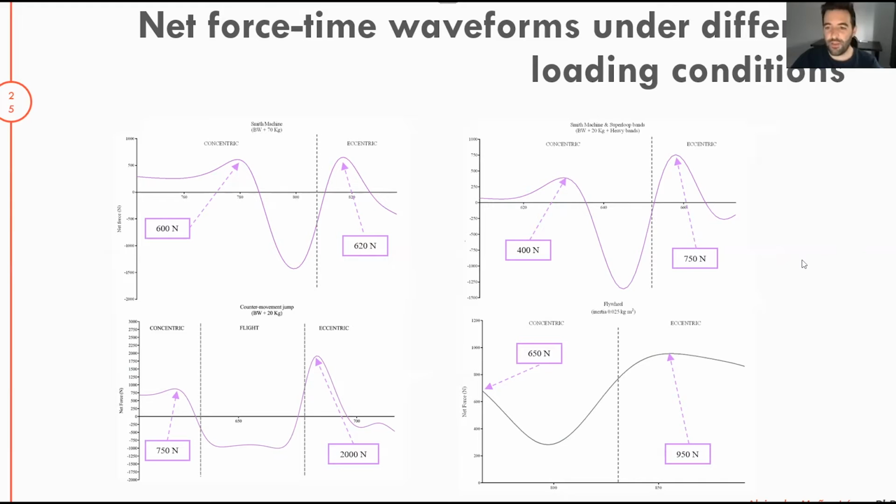If we think about eccentric overload, many people say, okay, eccentric overload, you need to use flywheel. Look here, look at the jump, look at the peak of the eccentric force compared to concentric here, and even when you use loops, super loops. So in terms of eccentric overload, probably both isoinertial loads are producing a higher eccentric overload compared to the flywheel.